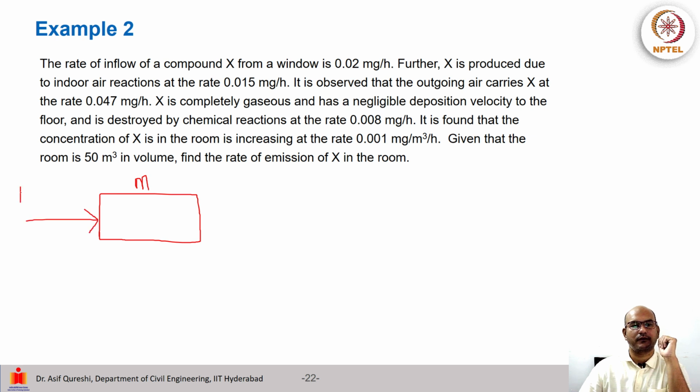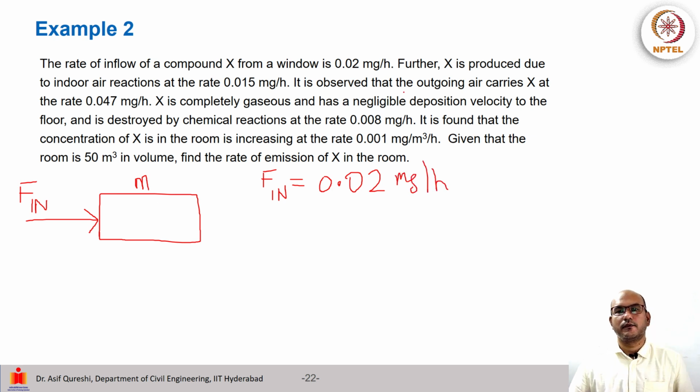We have F in, and again F in is given as 0.02 milligrams per hour. Further, X is produced at a rate of 0.015 milligrams per hour.